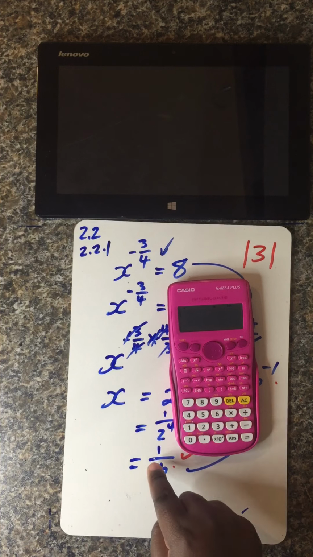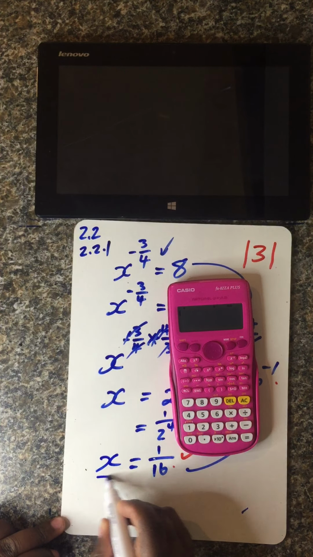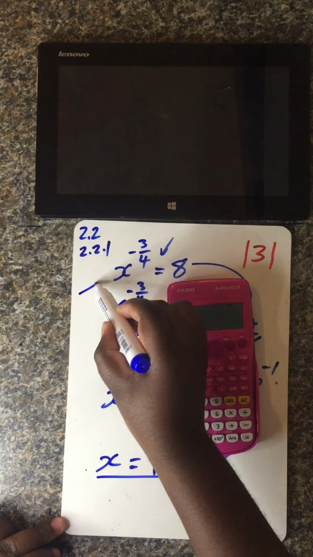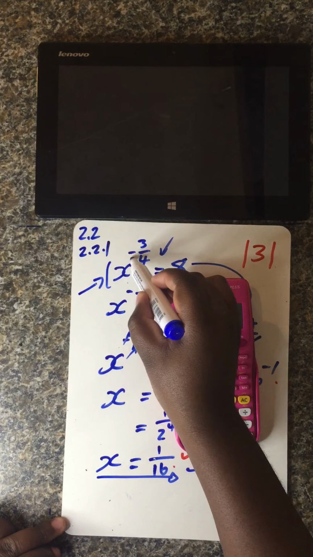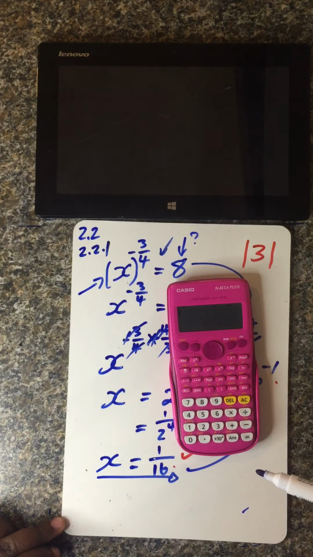So we are saying the x value is equal to 1 over 16. What if we substitute 1 over 16 in place of x? Are we going to get 8 as an answer when we substitute?